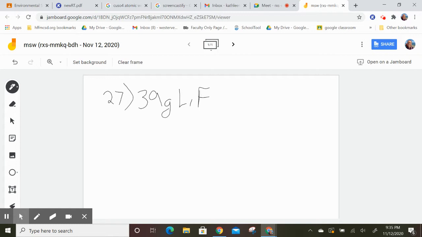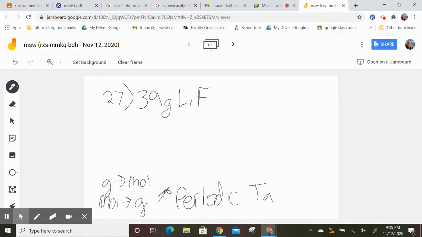So whenever you're going between grams and moles, as a unit conversion, or moles to grams, you're always going to have to look at your periodic table because it tells you exactly how many grams per mole something is.